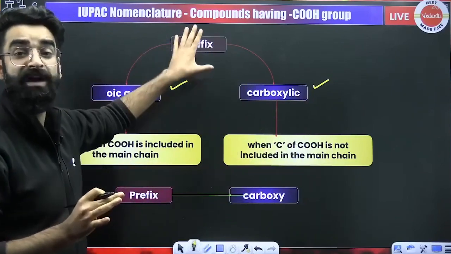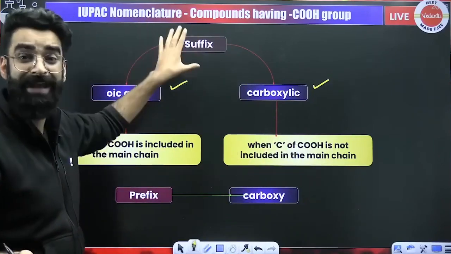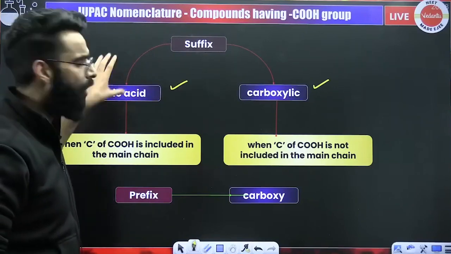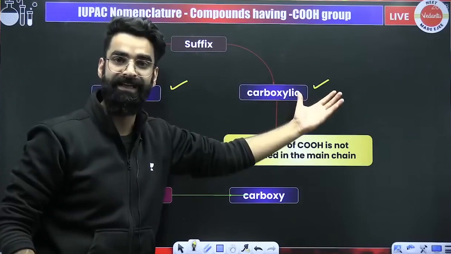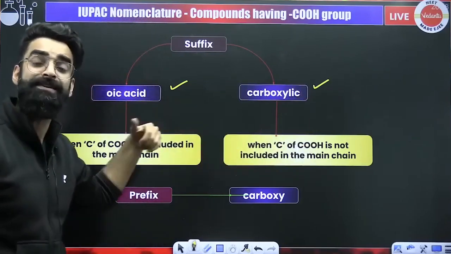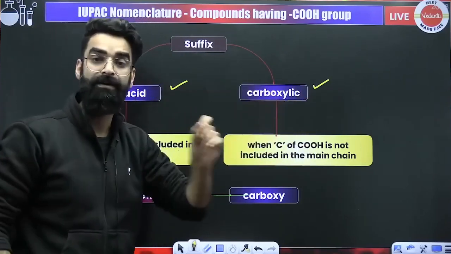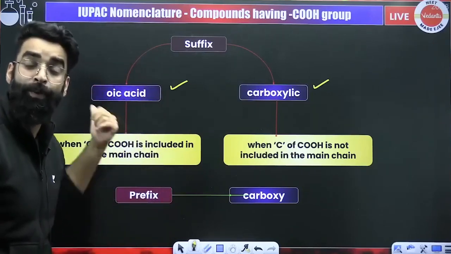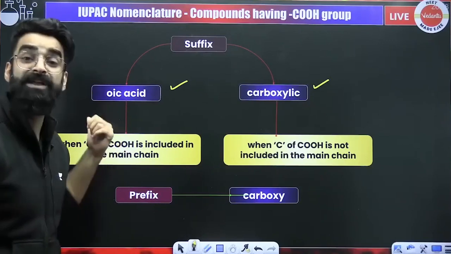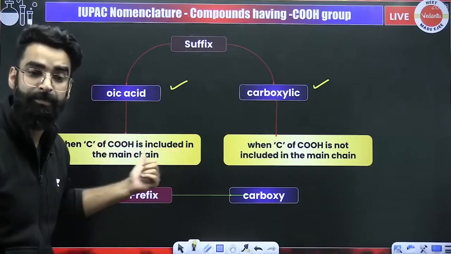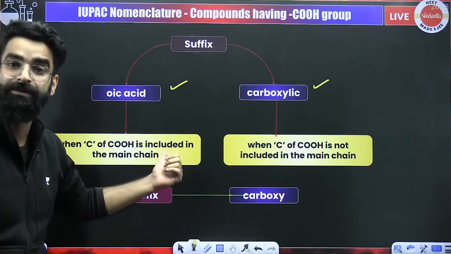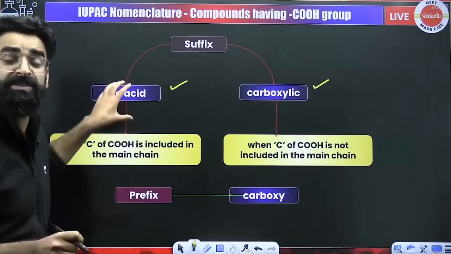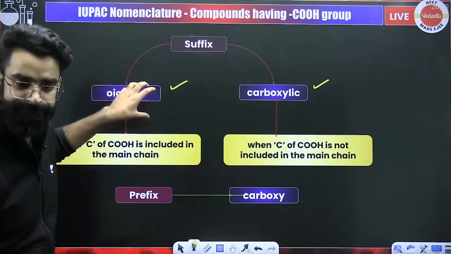When you have to write it as suffix, either you'll be writing oic acid at the end, or you'll be writing carboxylic acid at the end. Now, when to write oic acid, when to write carboxylic acid. Do remember, when the carbon of the carboxylic acid is the part of the main chain, the parent chain, at that point of time, the suffix used is oic acid.